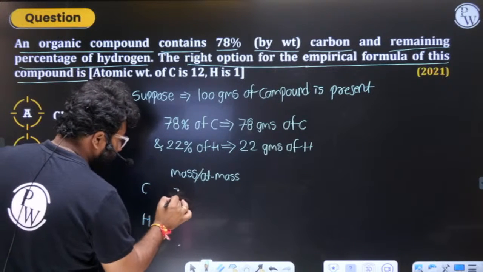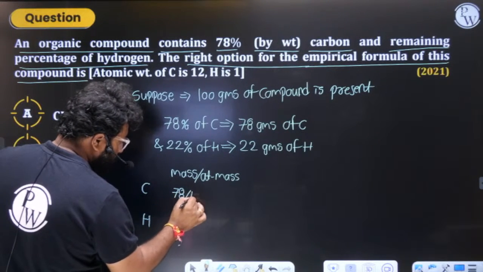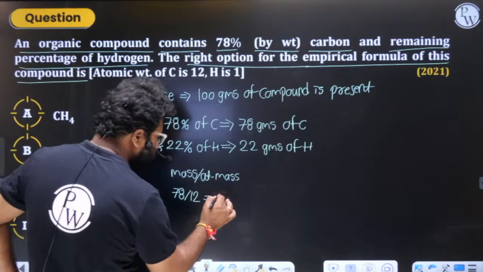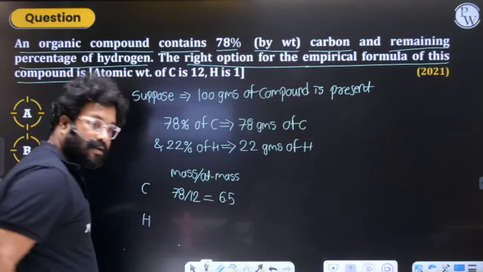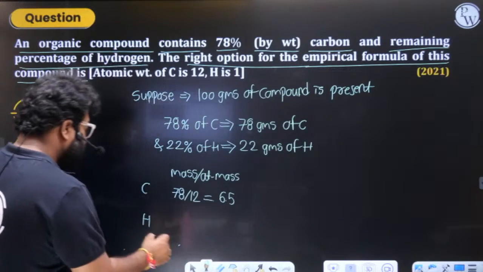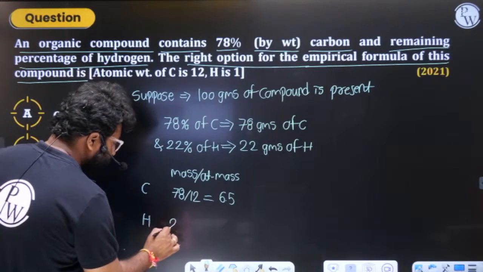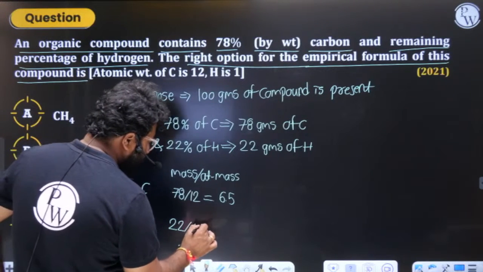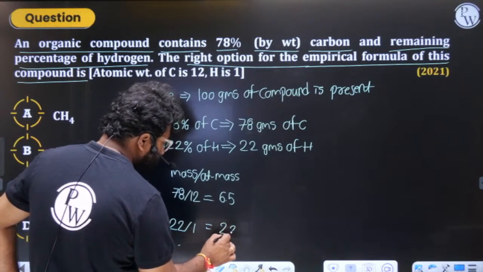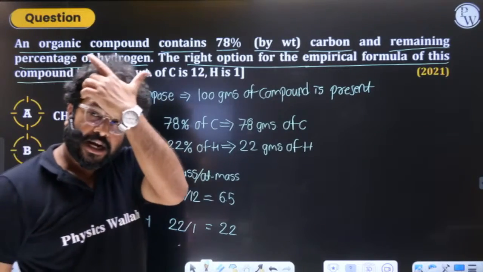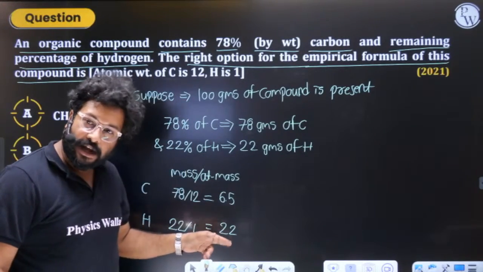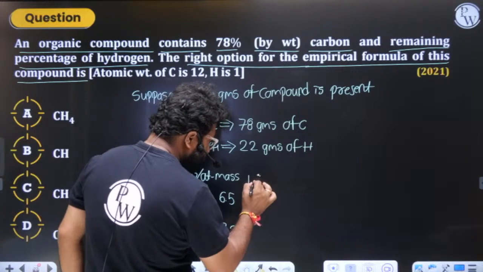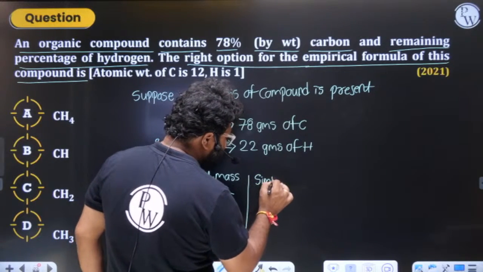So 78 divided by 12: 12 sixes are 72, so this comes out to be 6.5. And hydrogen, how much is it? 22 divided by 1 comes out to be 22 only, right? After this, take the smallest number of these and find out the simplest ratio.